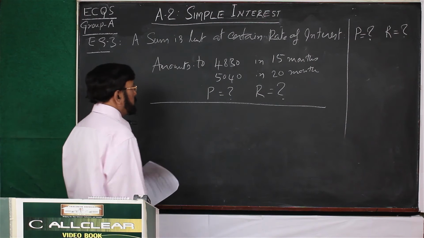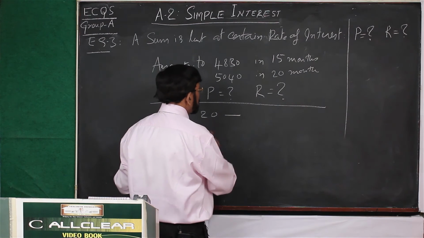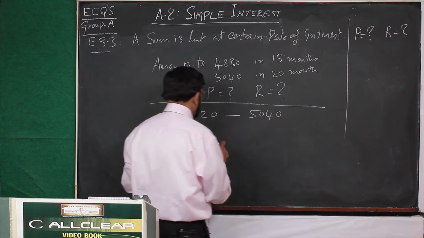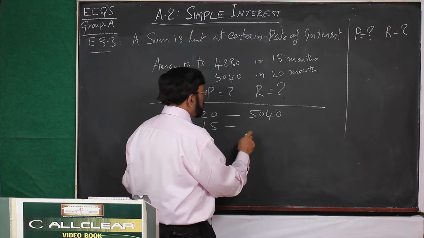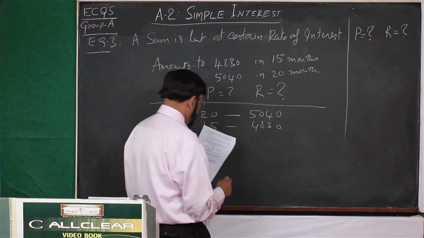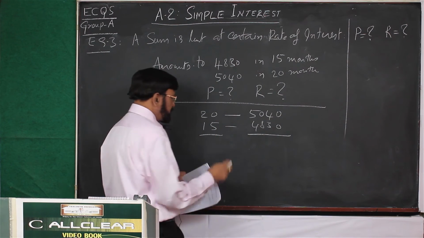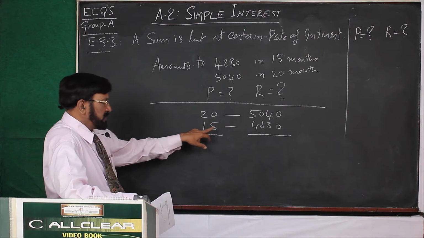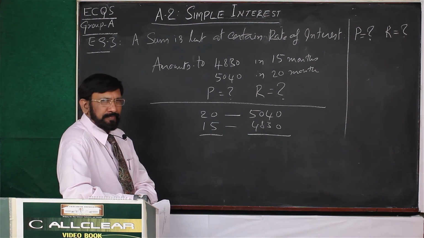Now, you see, in 20 months, it amounts to 5,040. In 15 months, it amounts to 4,830. Now, why has the difference come? For 15 months, it amounts to 4,830.